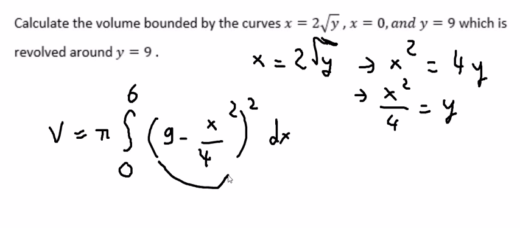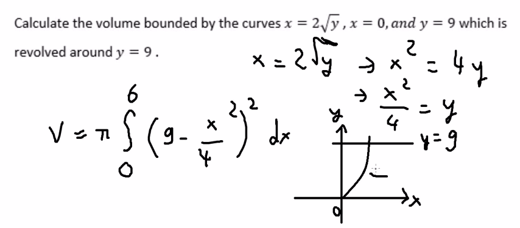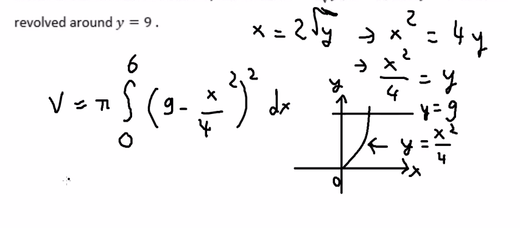How can I get this one like this? If we graph the function in here, we can see that this is about y equals to number 9. This is about y equals to x squared over 4. So number 9 is above this one. That's why we got like this. And we calculate this one, you got the final answer.